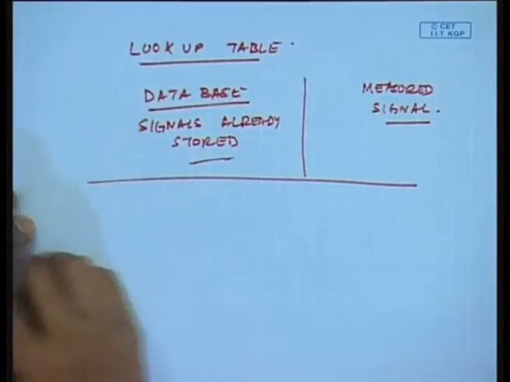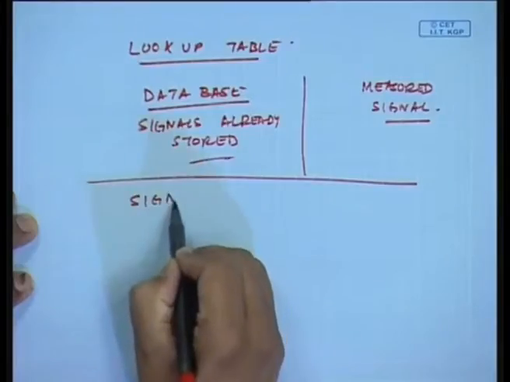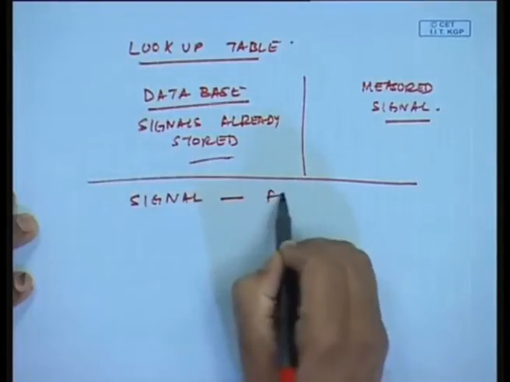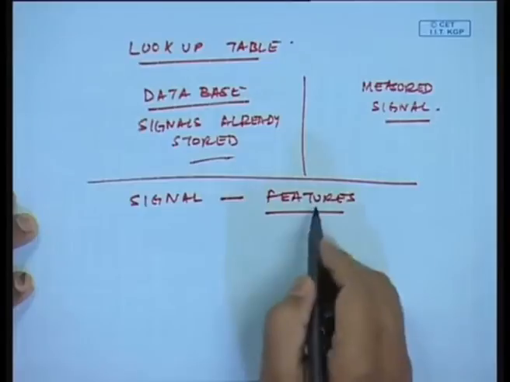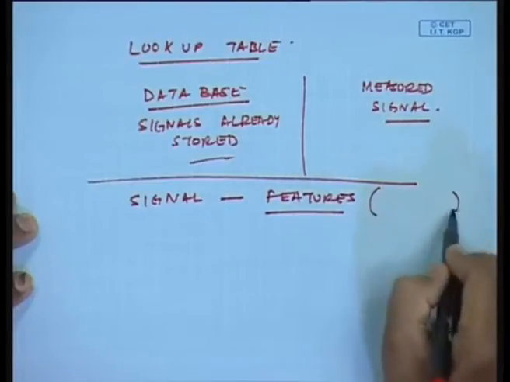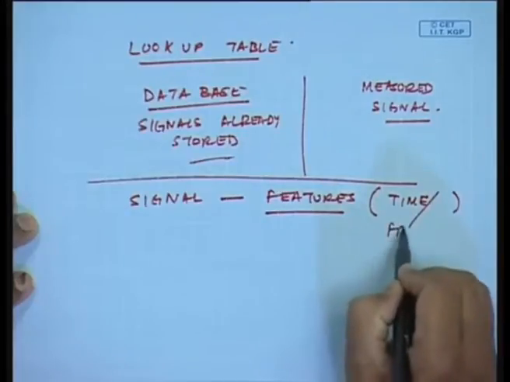Another is feature vectors. Now in this signal, what are the features to be studied? I will focus more on this when I talk about the time domain and frequency domain analysis.